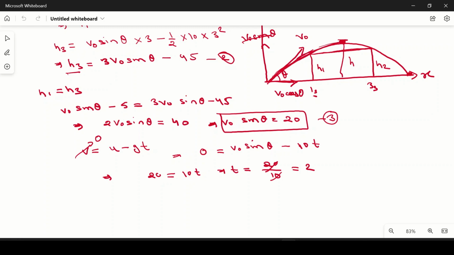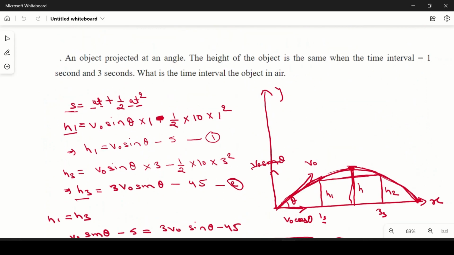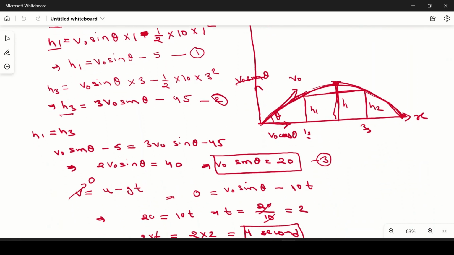Now the same time will be taken from here to here because this is half the distance. So the total time will be 2 into t, which is 2 into 2, equal to 4 seconds. So 4 seconds will be the time taken by this object to hit the ground. So what is the time interval in the air? The total time in the air is 4 seconds.